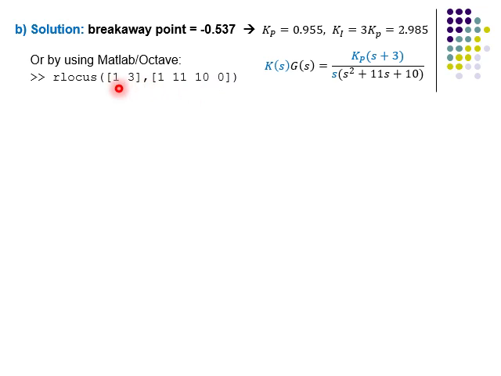The 1 and 3 here are the coefficients for the numerator of the transfer function, and the four values here are the coefficients for the denominator. This one is the constant coefficient, this is the coefficient for s, this is for s squared, and this is for s cubed.